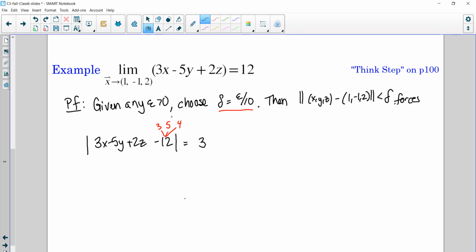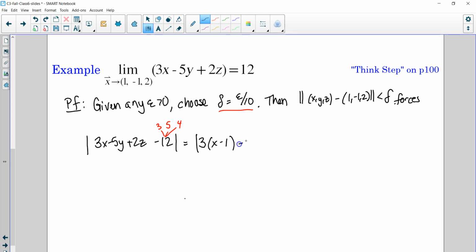So this is going to equal 3 times x minus 1, but really that minus 3 is a 3.